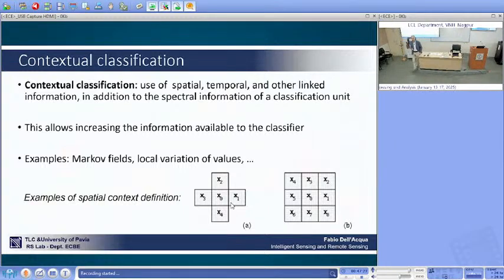An example of a case where context may be used is after a classification. Something frequently done is that after you complete the standard classification process, you apply a mask to each pixel and compare the class of that pixel with the class of the surrounding pixels.